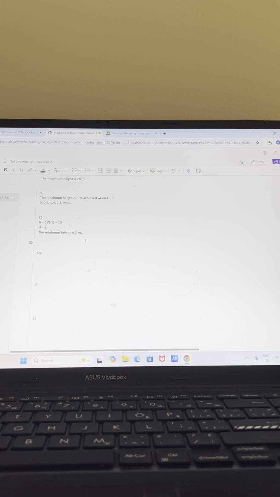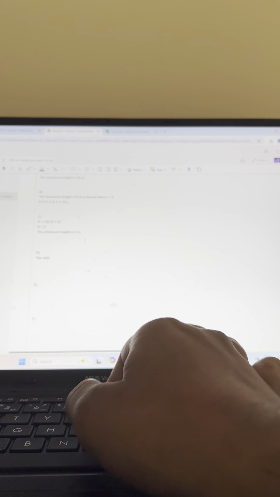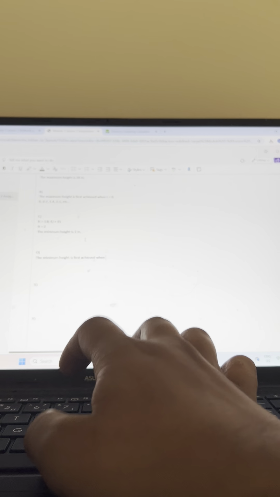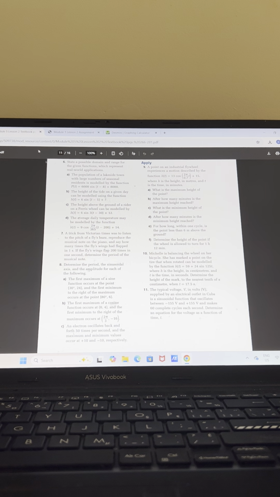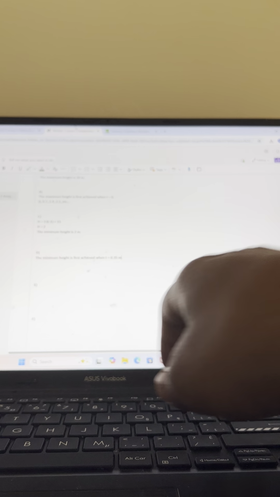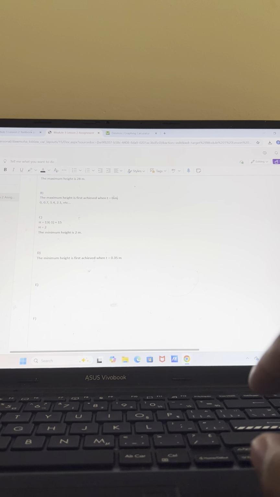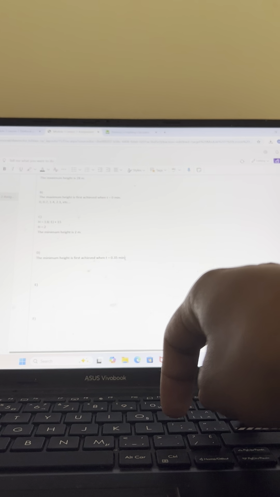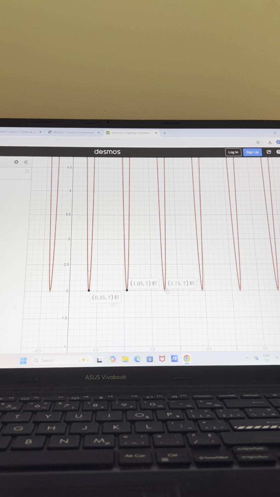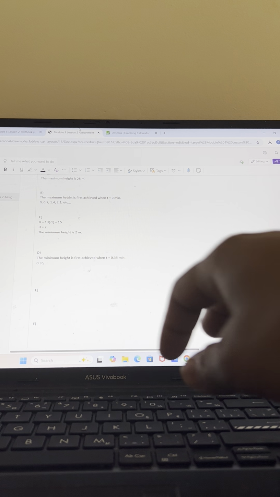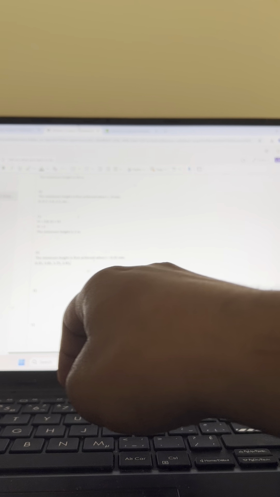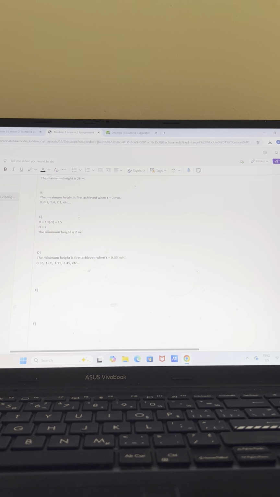So we can write: the minimum height is first achieved when t is equal to 0.35 minutes, and then 0.35, 1.05, 1.75, 2.45, etc., as there are more cycles.